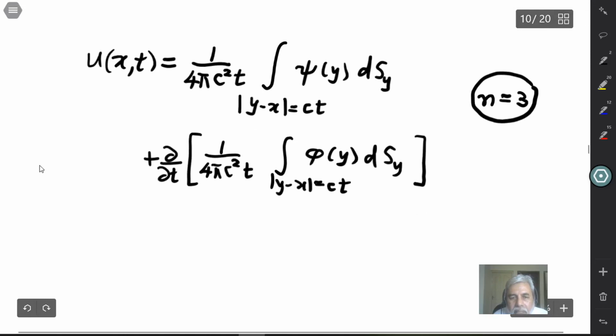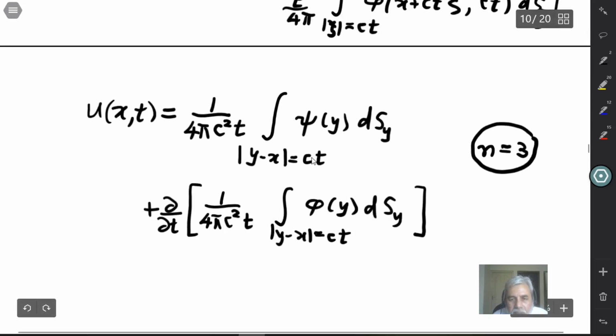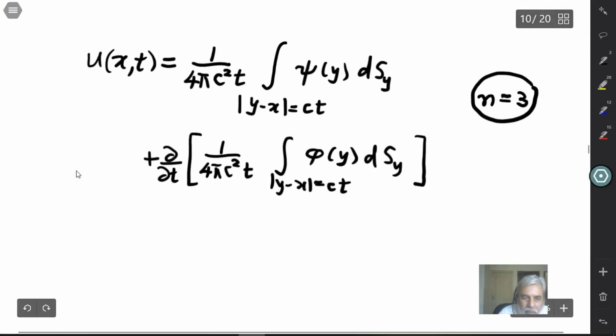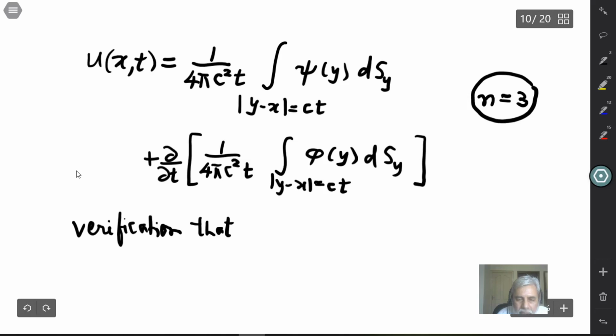Even though this looks like a very simple formula, the verification that u is a solution of the IVP is not straightforward, and requires some computation.